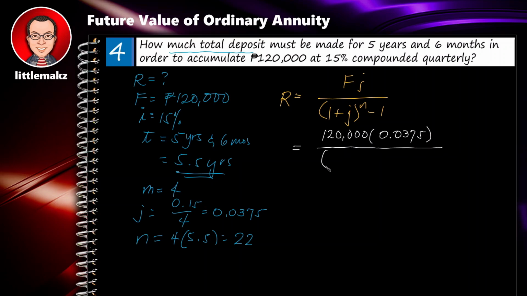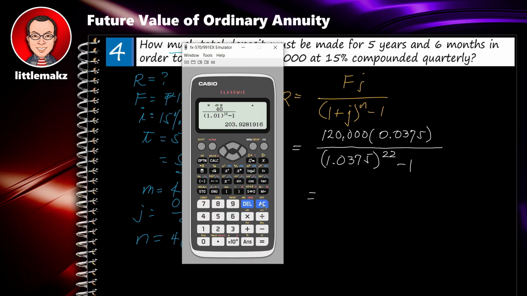And we divide this by 1 plus J, which is 1 plus 0.0375, or simply 1.0375. The exponent here is 22, so that we could simply input this in our calculators easily.